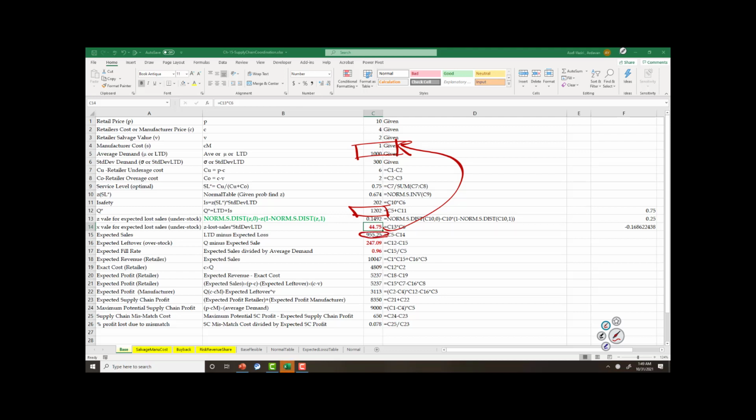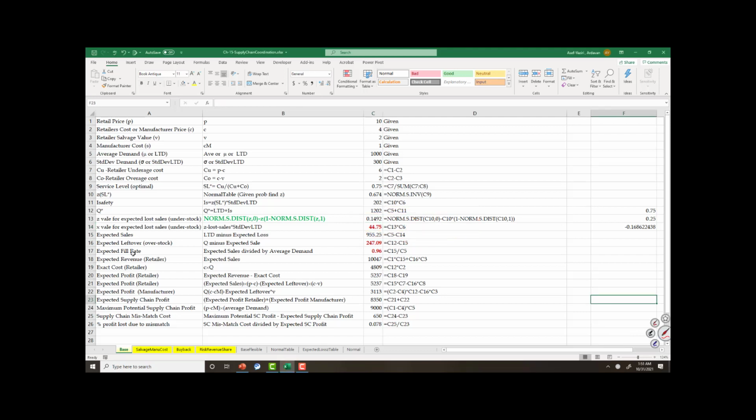Now I have expected sales. What is my expected leftover? I had this much. I sold this much, so I should subtract it from what I had, and that would be my expected leftover.